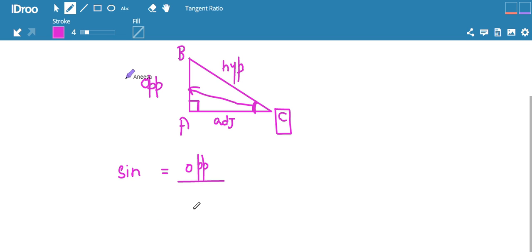And then we got the cosine ratio, which would be equal to adjacent over hypotenuse.